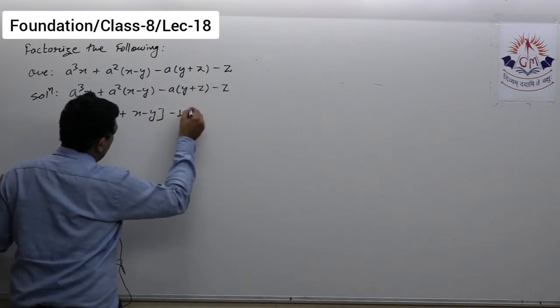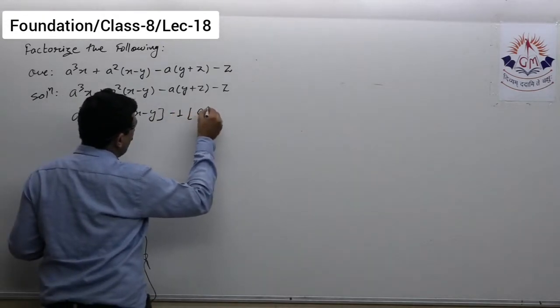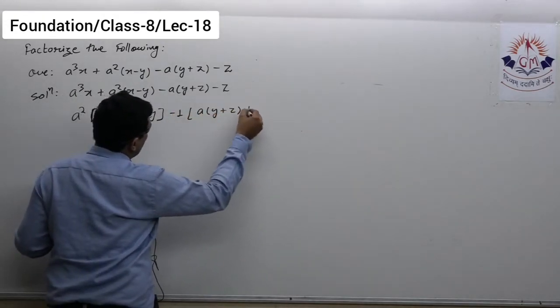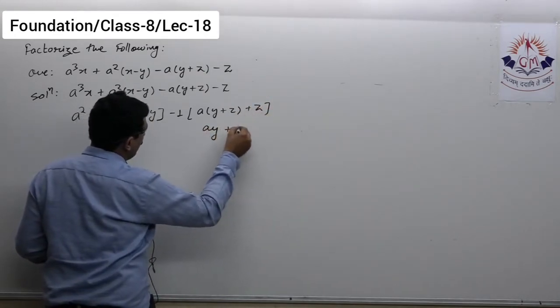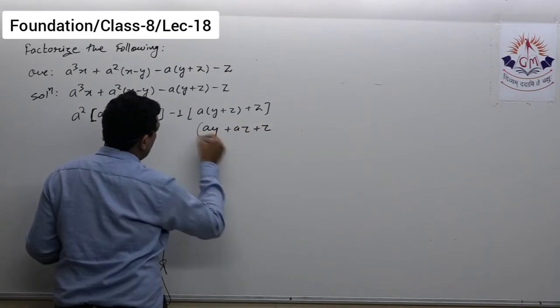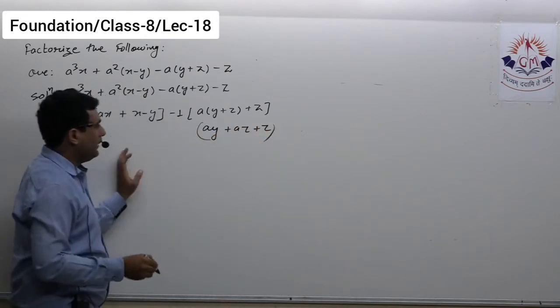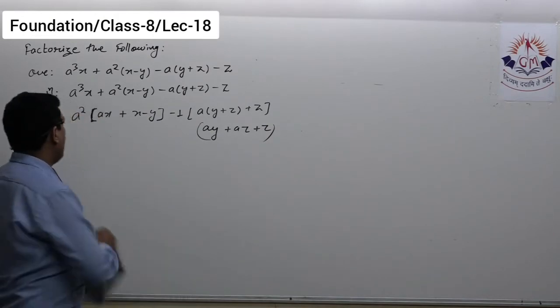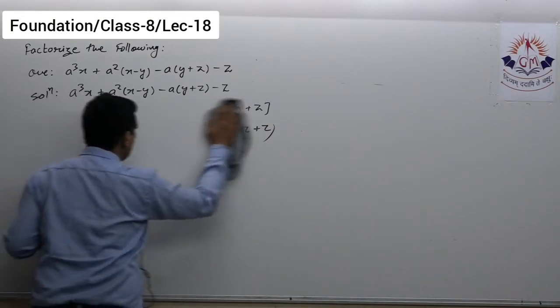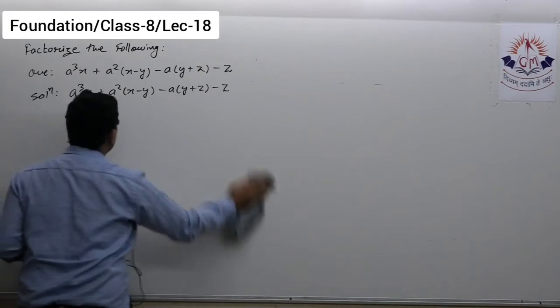Now if I take minus 1 common, I get ay plus z plus z, that means ay plus az plus z. Now these two quantities are not the same, so it is not possible to factorize it further. That means if I take common from the first two and next two, it is not possible to factorize it further.